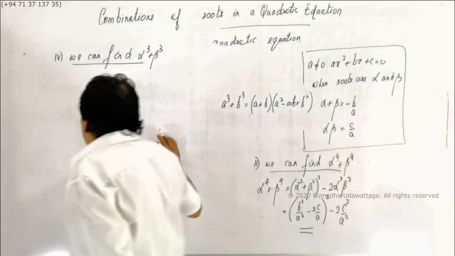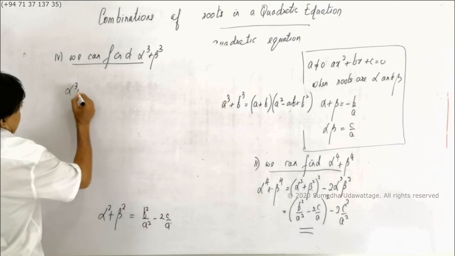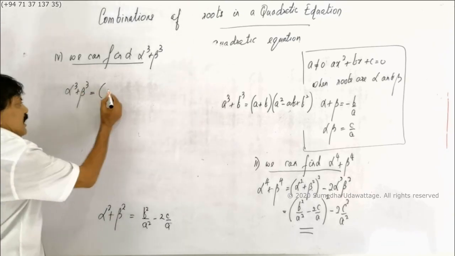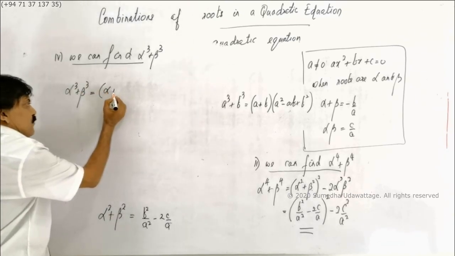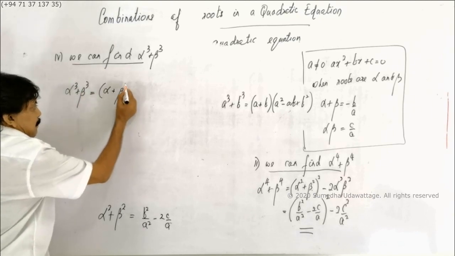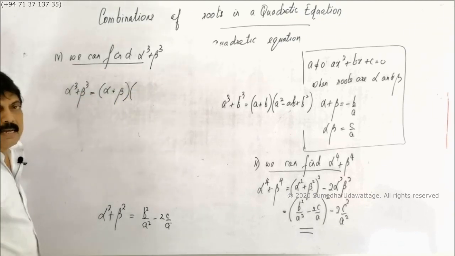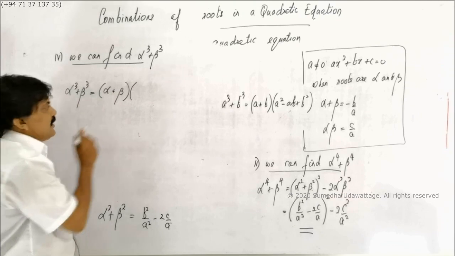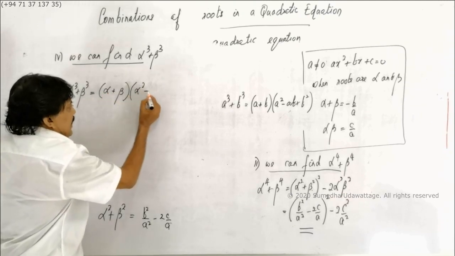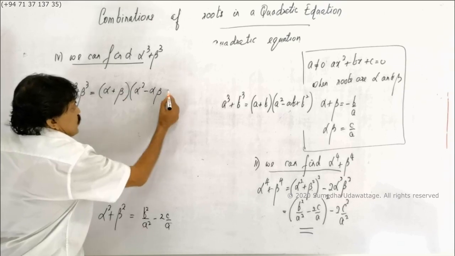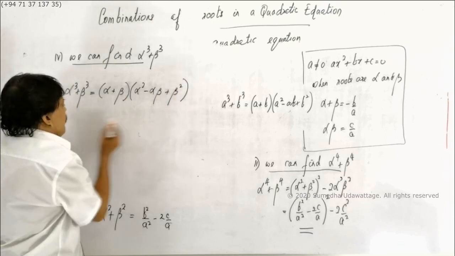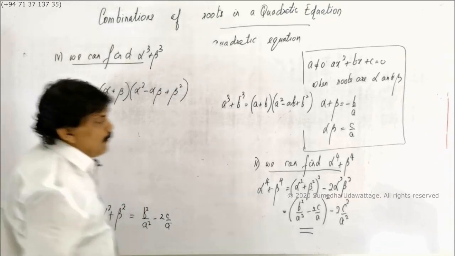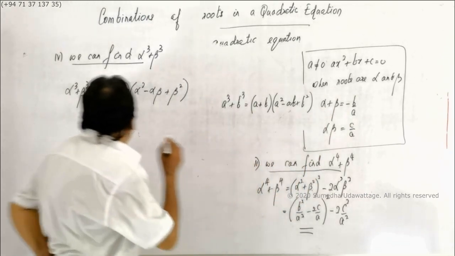Then you get alpha 3 plus beta 3 is equal to alpha plus beta, and the second factor is written observing the first factor. You square the first value, multiply, change the sign, and square the second value. Then alpha plus beta from here is minus b over a.